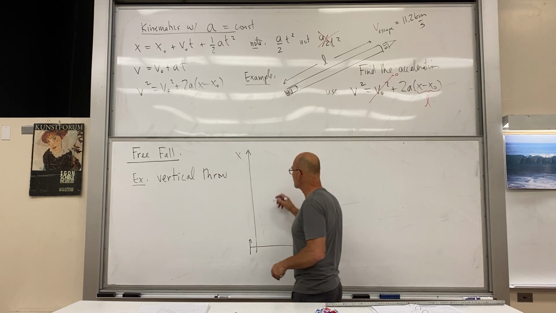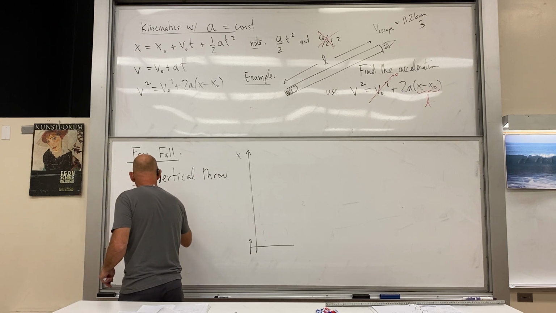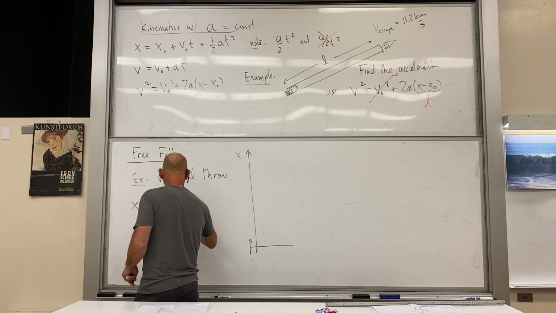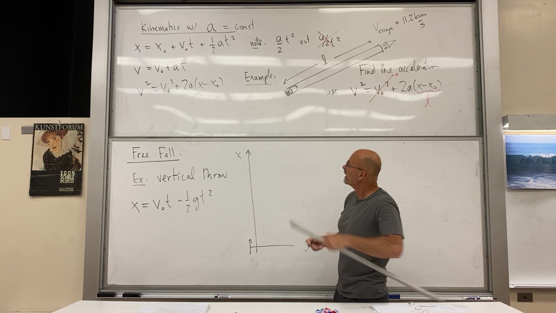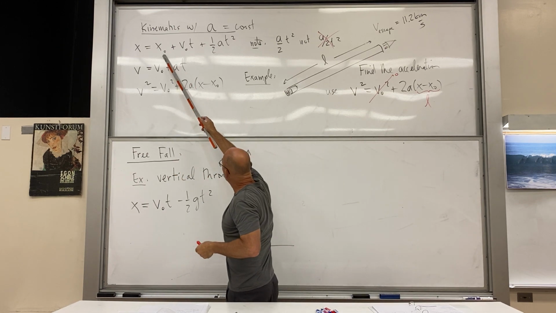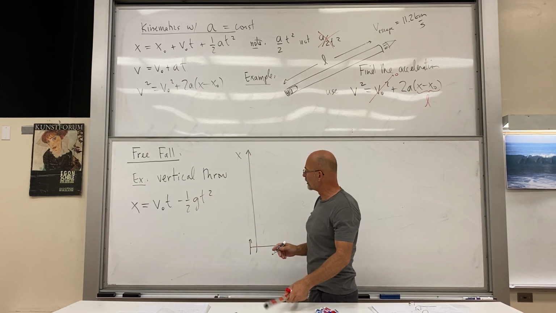So since being launched from the ground, we have x equals v0t minus a half gt squared. So vertical throw launched from the ground, good old x0 vanishes, acceleration is minus g. Okay, so there's our formula there.